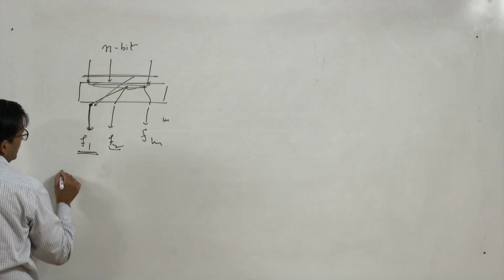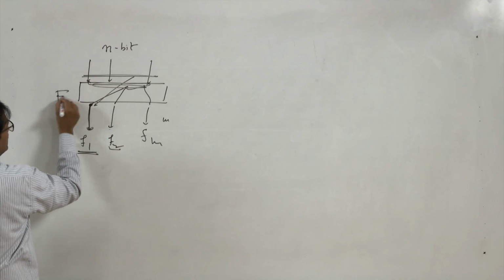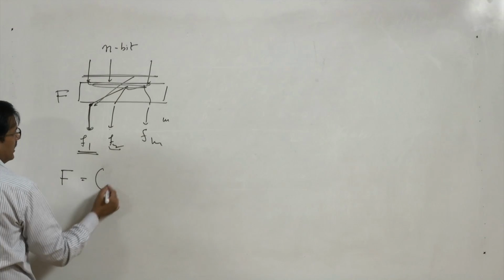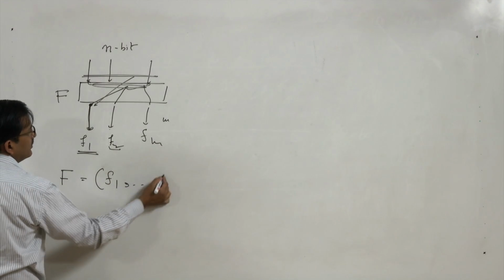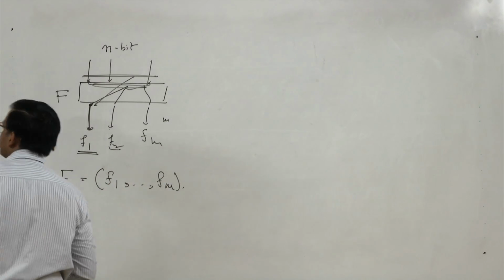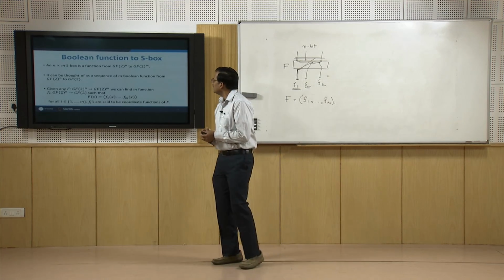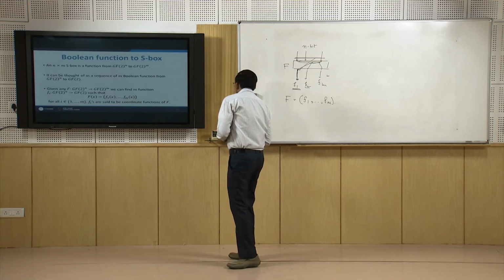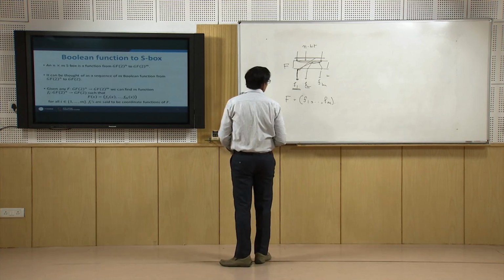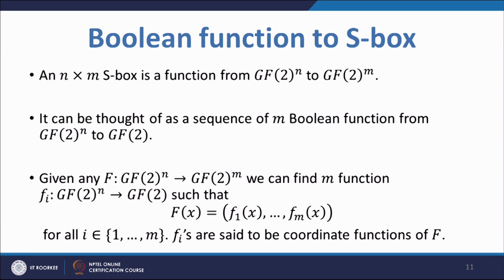So, therefore, the function f, suppose this is a function f which is my S box, is a sequence of Boolean functions like this. Now, these functions are called coordinate functions of f. The fi's are coordinate functions.